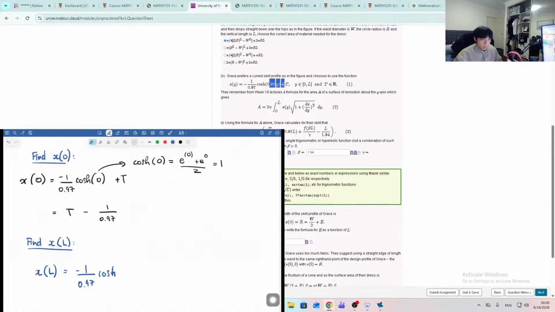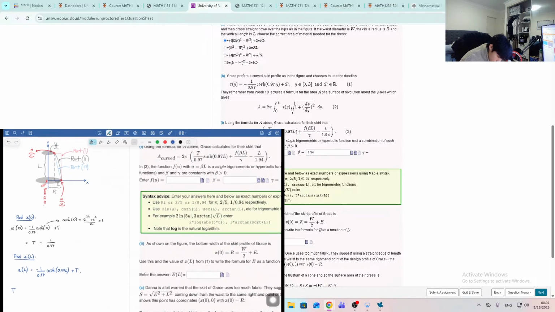0.97L plus t. Then L. E is this part, the distance of the value at some function x evaluated at 0, right?